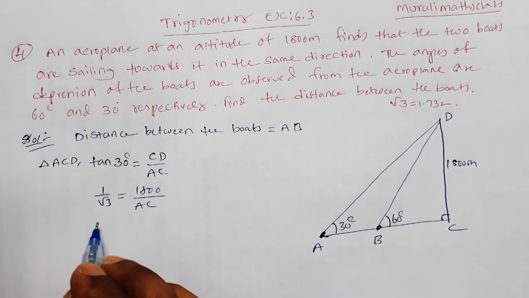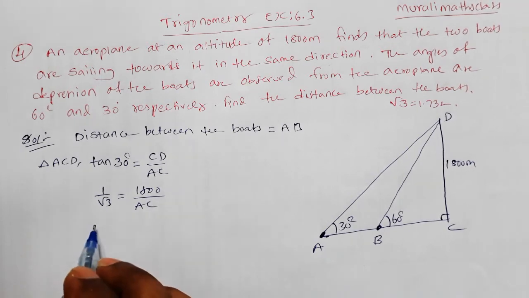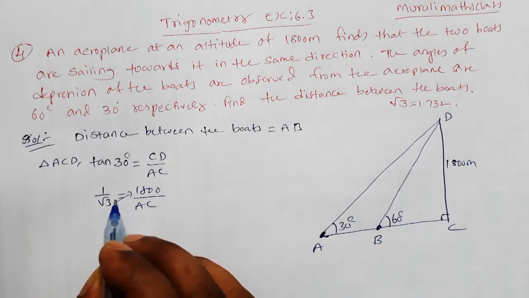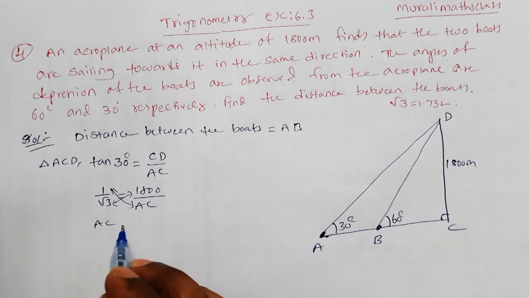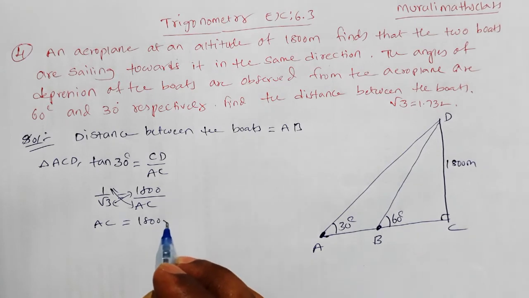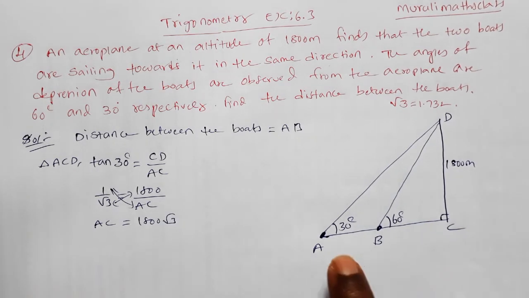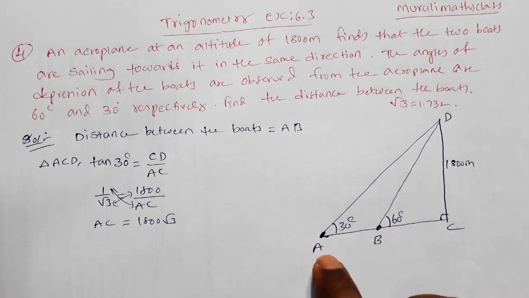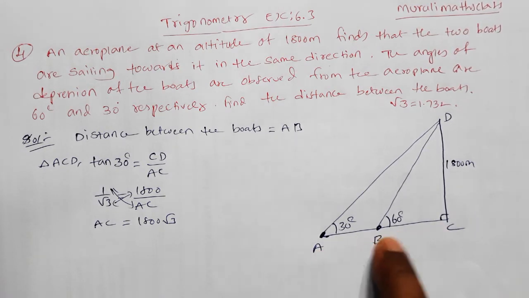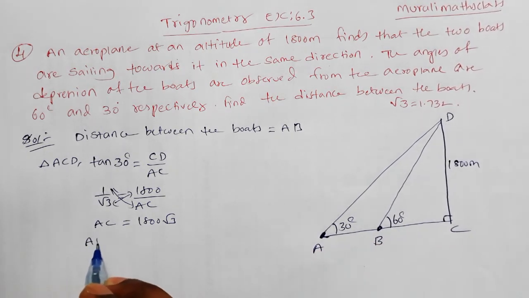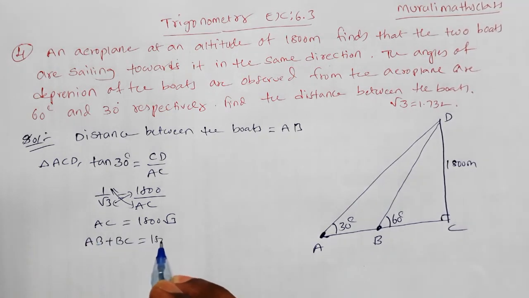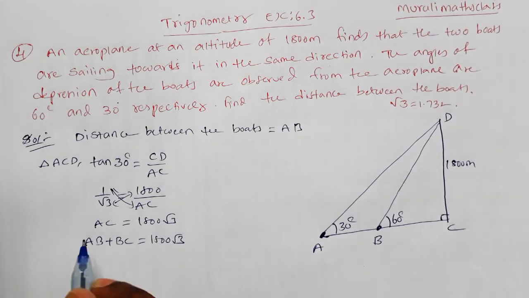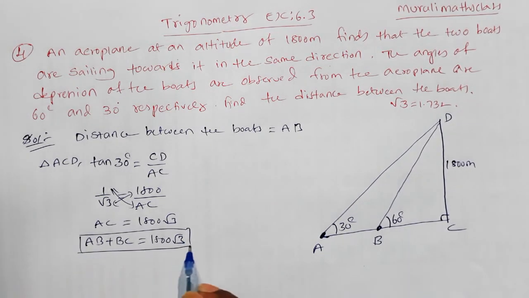Now do cross multiplication. AC equals 1800 root 3. AC we can write as AB plus BC. So AB plus BC equals 1800 into root 3. Take this as equation 1.